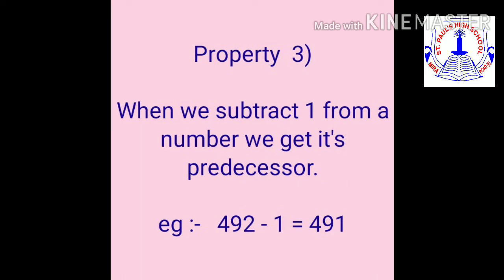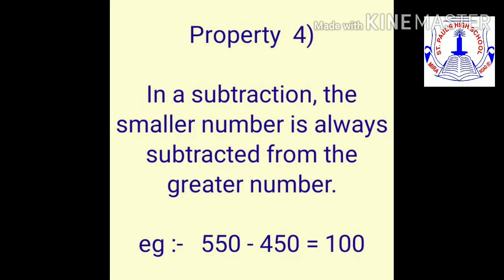Third property of subtraction. When we subtract 1 from a number, we get its predecessor. Example, 492 minus 1, which is equal to 491. So here we can say 491 is a predecessor of 492.